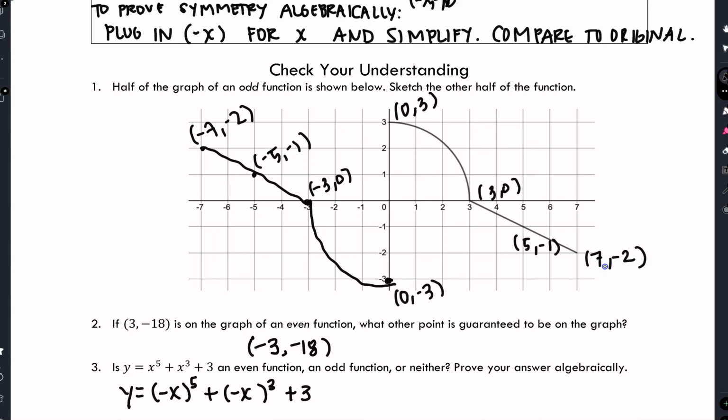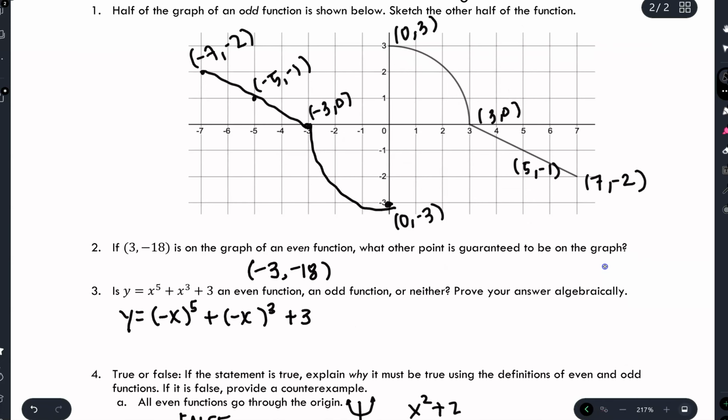Okay. All right, so for number 3, I kind of wanted to go through this one together. So number 3, I've got this crazy function. Is it even, odd, or neither? Prove your answer algebraically. So if I plug in a negative x right there for my x, I'm actually going to raise that negative x to the 5th power.